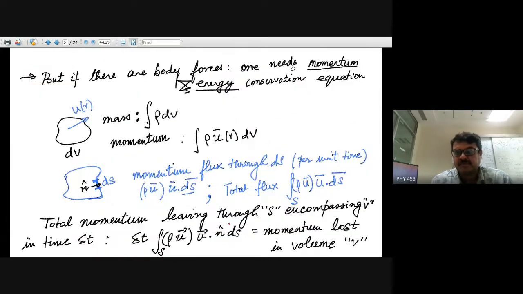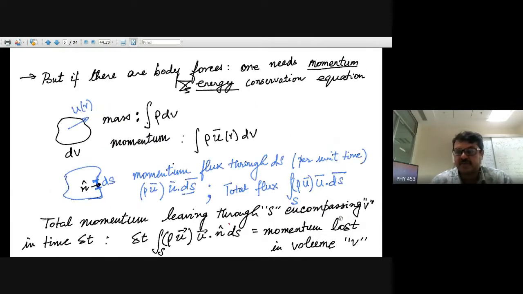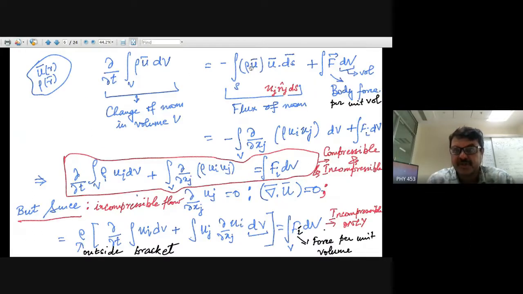Because you could talk about momentum flowing out in the y direction, so n dot ds, right? And ui is the momentum which is flowing out, so correspondingly it's rho u into u dot ds, and this is the body force per unit volume, right? Because we are writing everything in per unit volume in terms of the density.